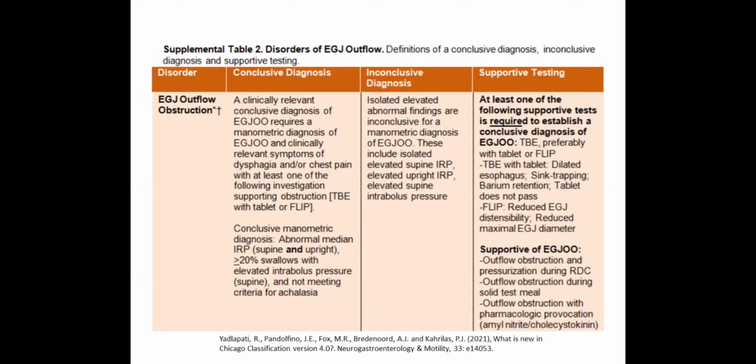But if it's just isolated, and you have a situation of isolated raised IRP that is inconclusive, then the supportive testing will be things like timed barium esophagogram and Flip, and of course some of the provocative tests such as rapid drink challenge, solid test meal, and pharmacologic provocation. So these are the supportive tests that can help you diagnose an EGJ outflow obstruction that is clinically significant.